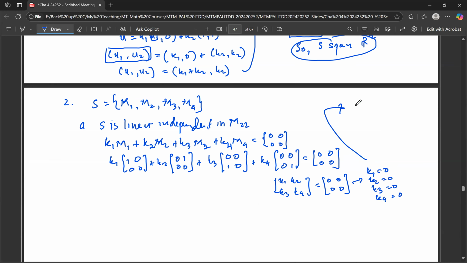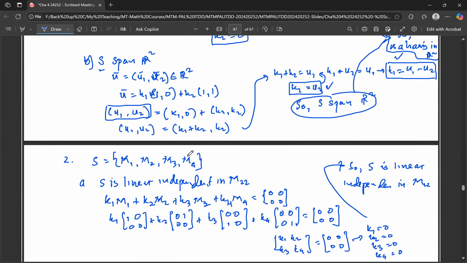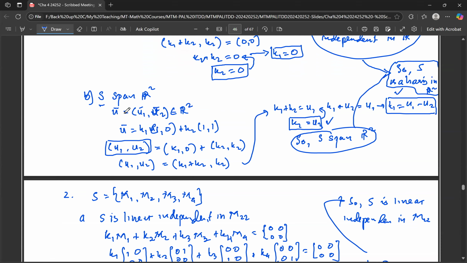So we can conclude that S is linearly independent. I will let you prove the second part, that S spans M22.